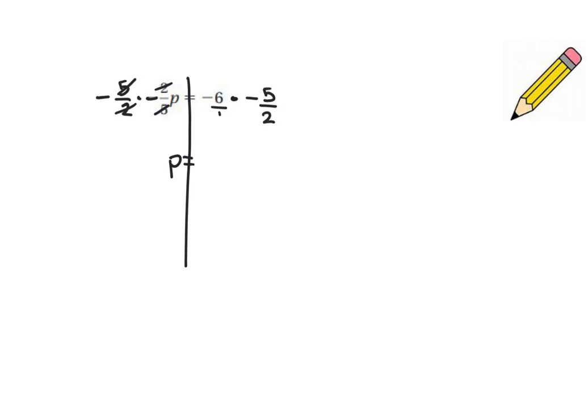Keep in mind negative 6 is just negative 6 over 1. So we'll multiply a negative times a negative is a positive, and 6 times 5 is 30. 1 times 2 is 2, and this can simplify, and we end up with 15 over 1. So p equals 15.